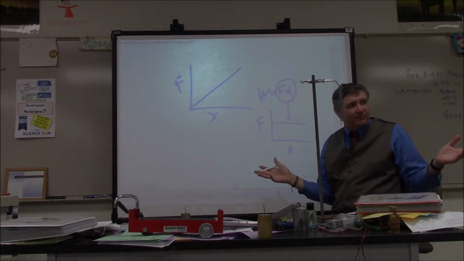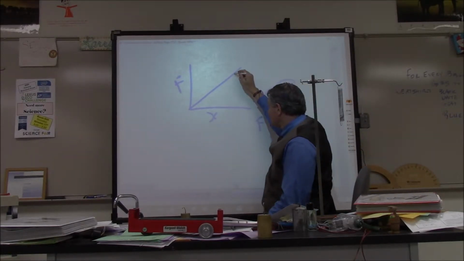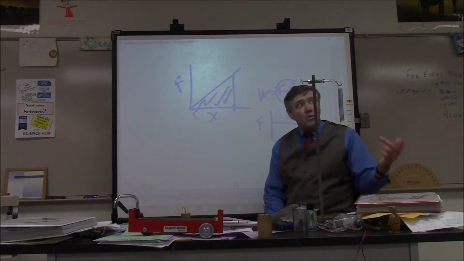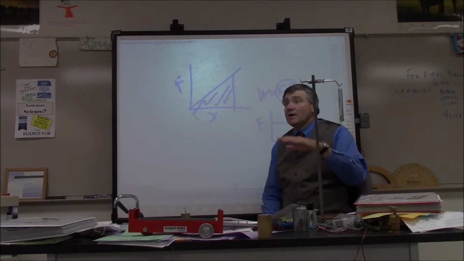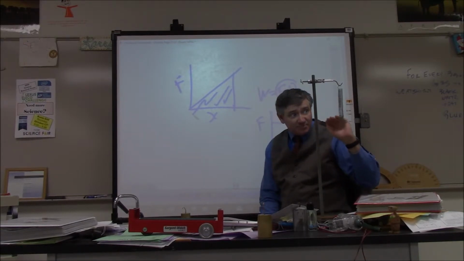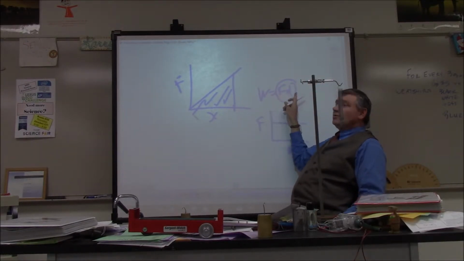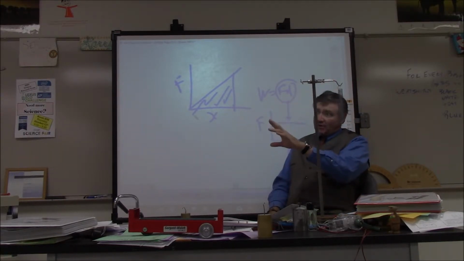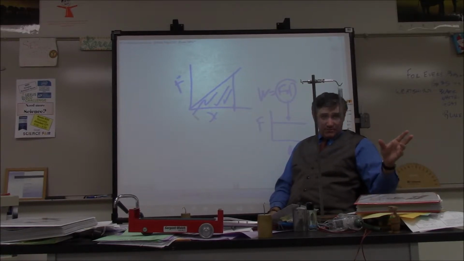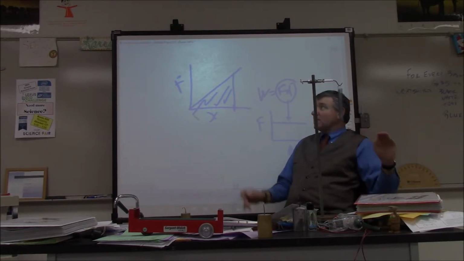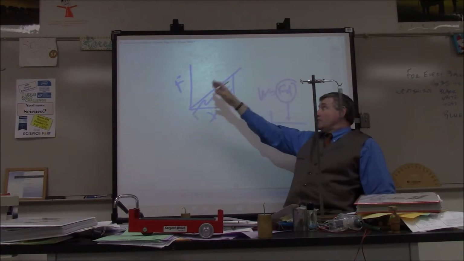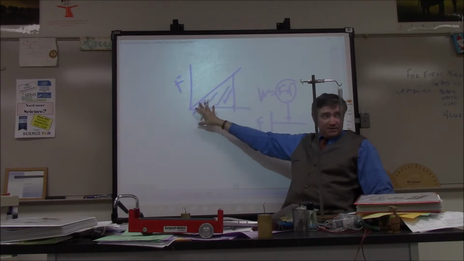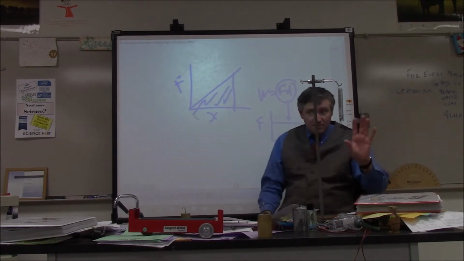You're just finding the area of a rectangle. With a spring, you cannot do force times distance because the force is changing based upon how far that spring is compressed or stretched. You can still find the area, but the area isn't a rectangle, it's a triangle, so you do 1/2 kx squared. So just keep that in mind.